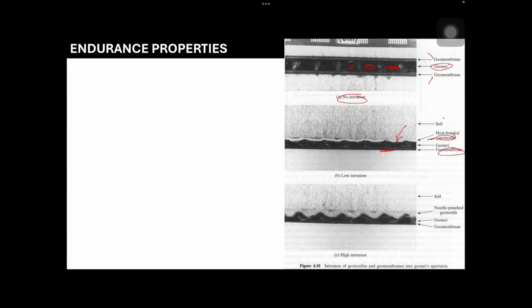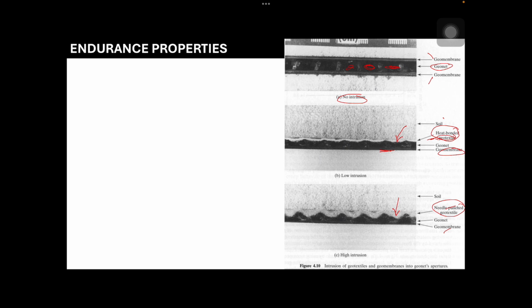And then, as you can see, third, needle punch geotextile. The intrusion of geotextile into the geonet is larger when needle punch geotextile is used compared to heat bonded geotextile.